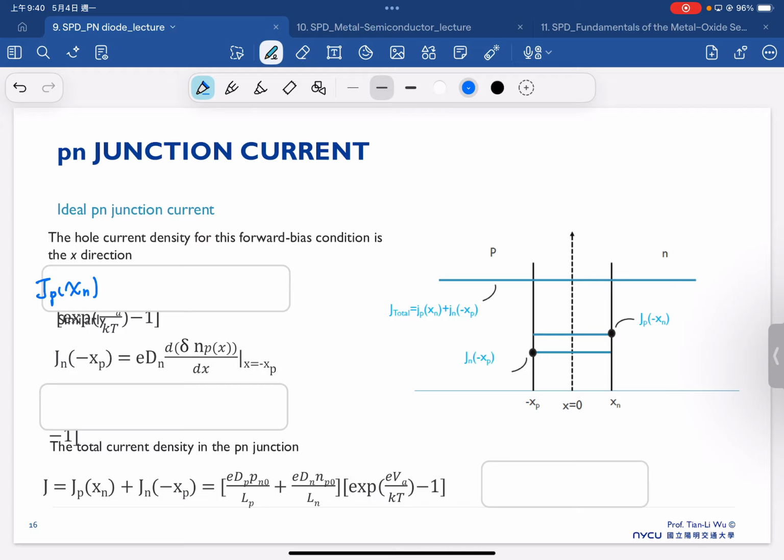JP(xn) is equal to e Dp Pn0 over Lp times exponential (eVA over KT) minus 1.